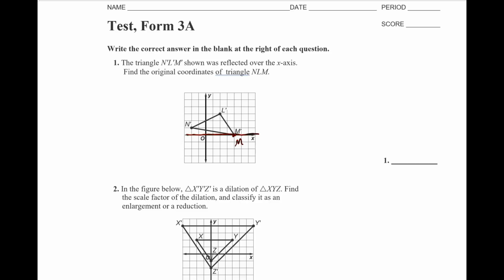Okay, so L is 1, 2, 3 away, so L has to be 1, 2, 3 away. So the original L was there. And N is 1 away from the x-axis, so N had to be 1 away right here. Well, the dot is a little off there. Let's get this dot right here, this bad boy right here. I guess I can blow this up a little bit.